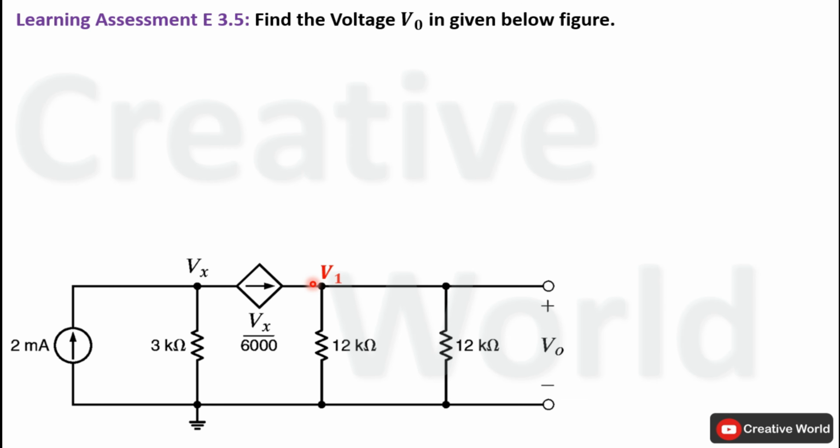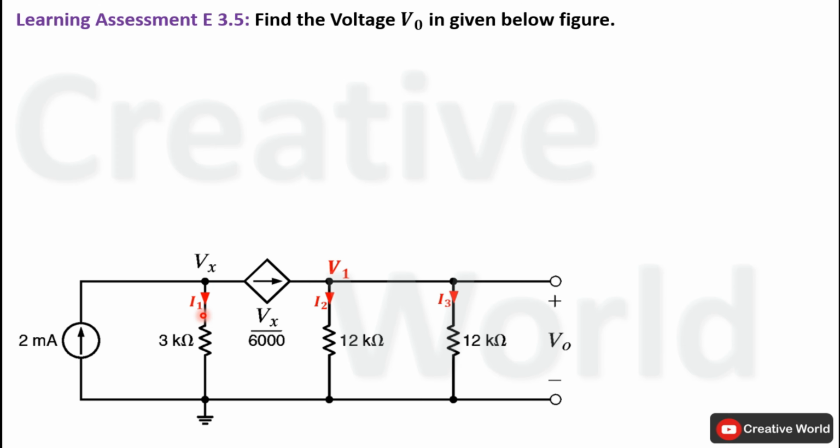Third step is to assume all unknown branch currents along with their directions. In this network, these 3 branch currents are assumed as current I1, current I2 and current I3 along with their directions. These currents are leaving from these 2 nodes and entering towards reference node. We have followed all steps of nodal analysis technique.